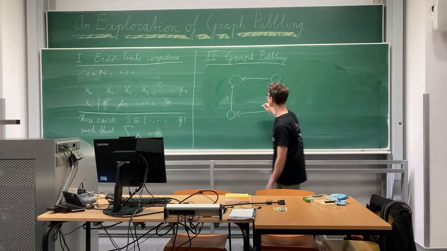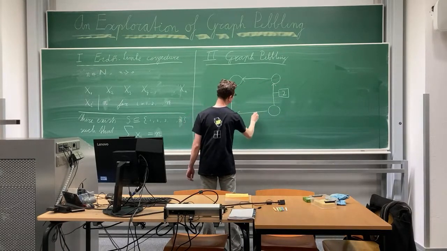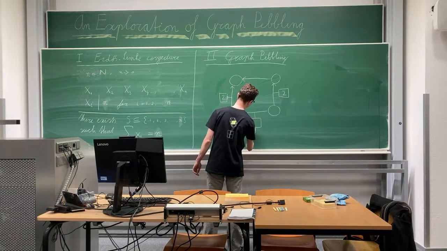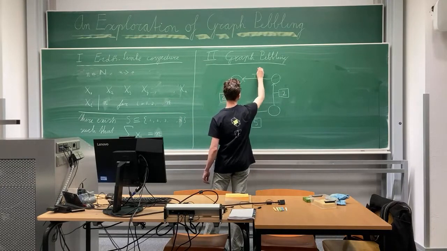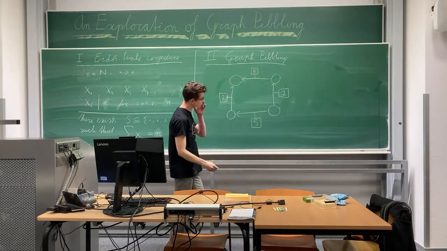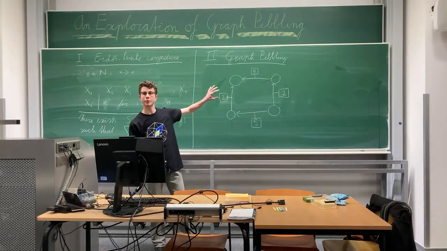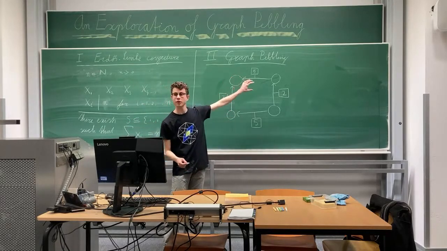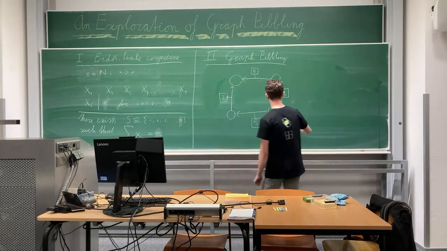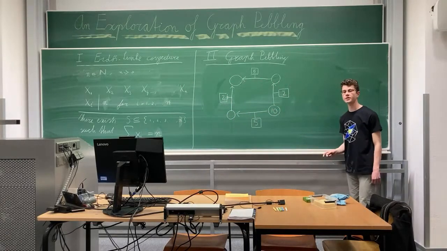So this one will have weight 2. And on these vertices, we're going to place imaginary pebbles. So every vertex, every circle can hold some number of pebbles. So for example, we'll start by putting 10 pebbles right there.